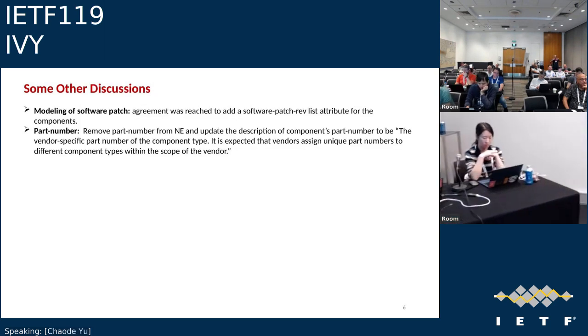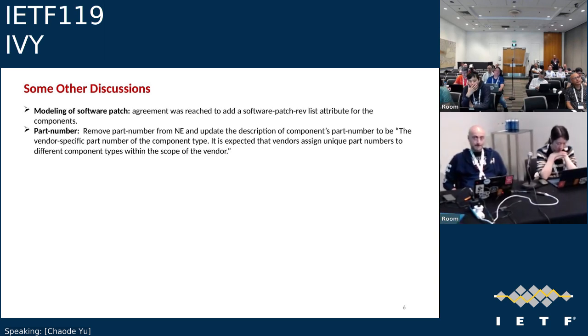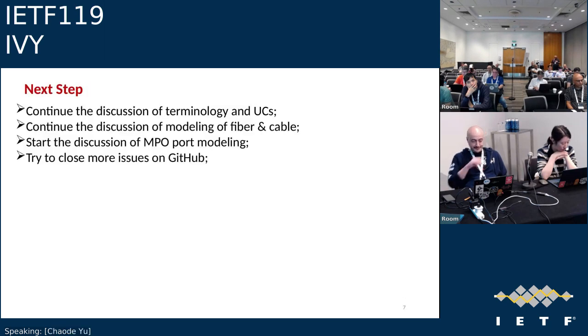There were also some other discussions, such as the modeling of software patch. We agreed to add the software patch revision list for the component objects. And the part number discussion I have mentioned in the previous slide. Okay, next slide, please. For the next step, we would like to continue the discussion of terminology and use cases.